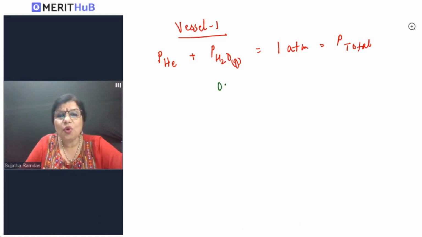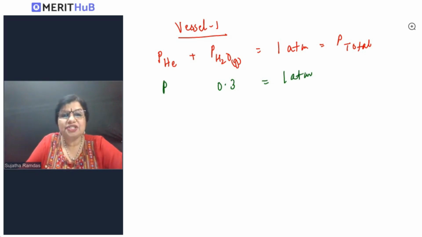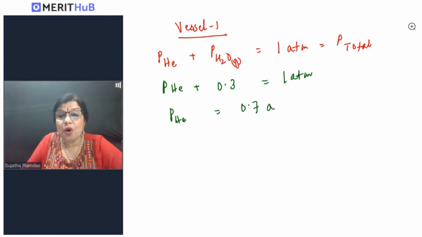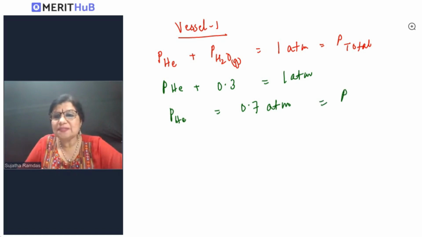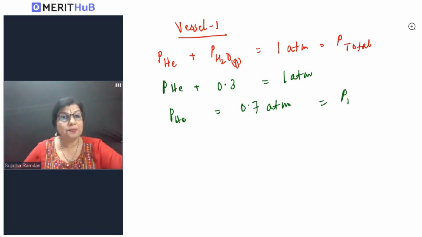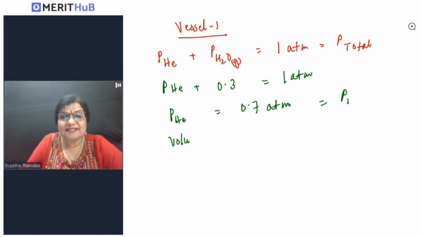What is that? 0.3 atmosphere. So you can find out the partial pressure of helium in vessel 1. So partial pressure of helium in vessel 1 would be 1 minus 0.3, 0.7 atmosphere. Okay, so let's call this P1, the partial pressure of helium. Now let the volume of this vessel be equal to V. We are not provided with any information regarding the volume, so let that be equal to V.